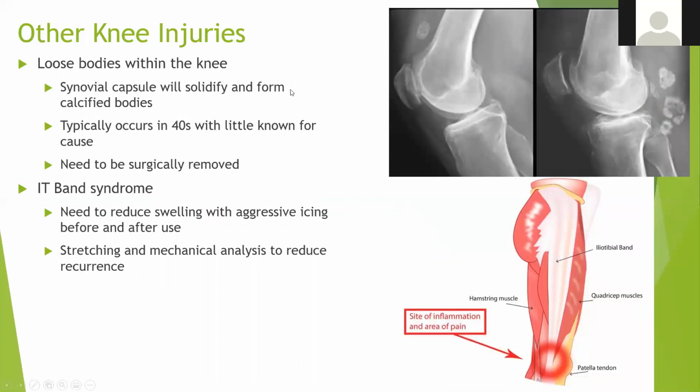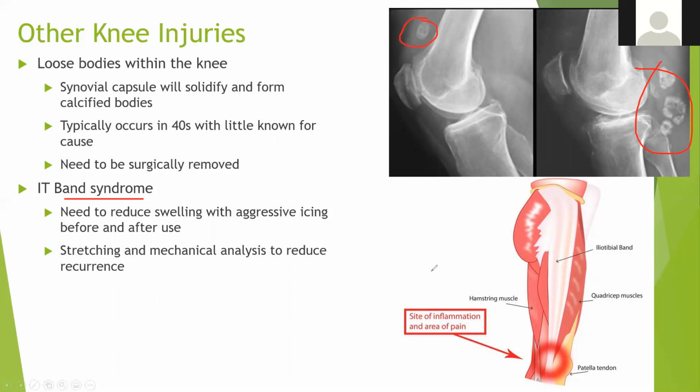Loose bodies, that's usually anything that calcifies, or if you have any kind of bone chips in there. This is what loose bodies would look like. Those have to be removed surgically. There's nothing you can do about it. This is another example of a loose body there.